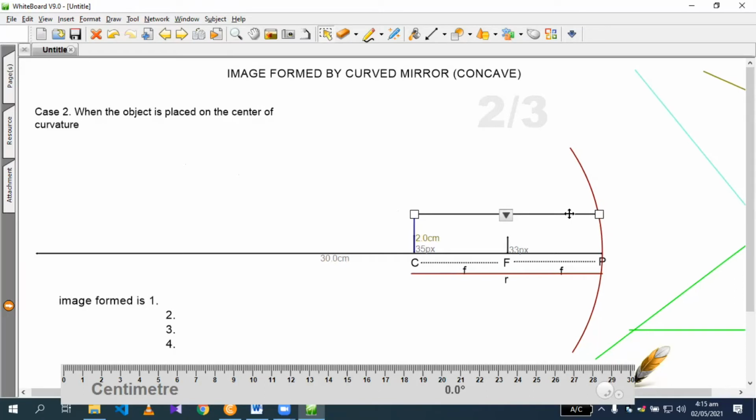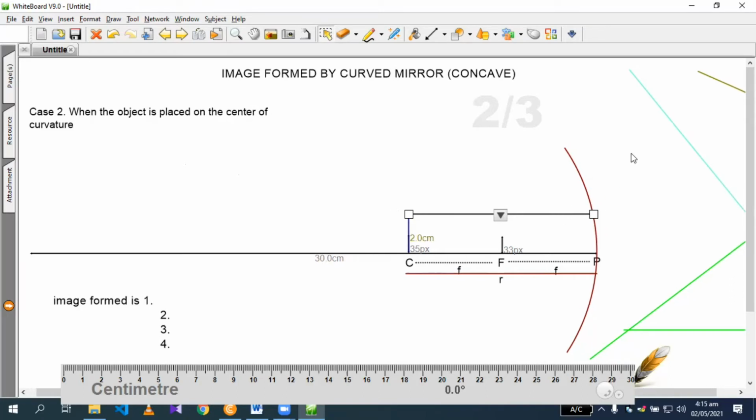When this happens, you have another ray of light that will be coming from the mirror and passing through your what? Passing through your principal focus.